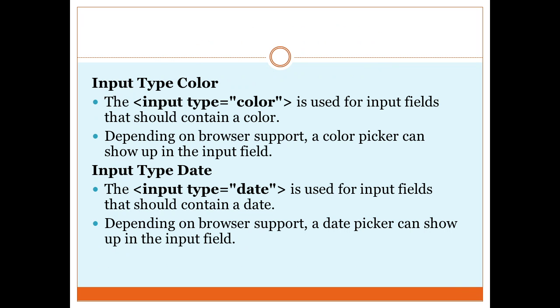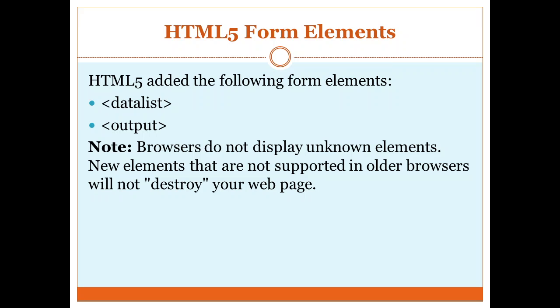Now we are going with HTML5, which added some more form elements like datalist and output. The web browser doesn't display unknown elements, so new elements that are not supported in older browsers will not destroy our web page.